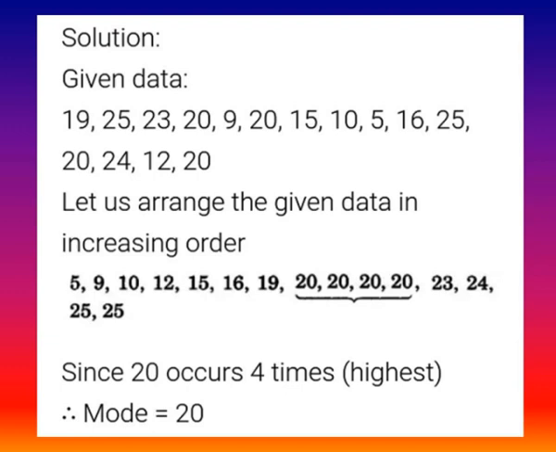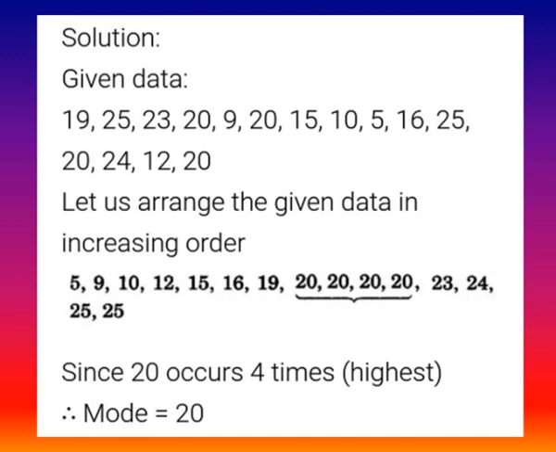Solution. Here we are given a set of numbers. Firstly we arrange the given data in increasing order, and we get 5, 9, 10, 12, 15, 16, 19, 20, 20, 20, 20, 23, 24, 25, 25.